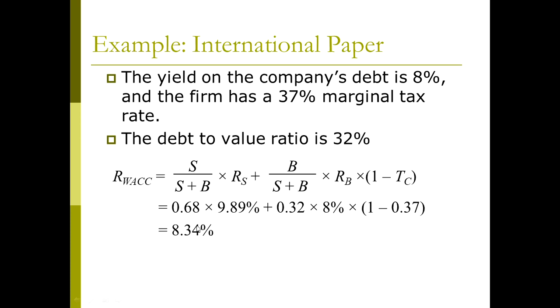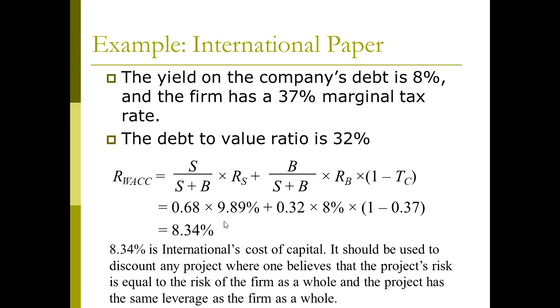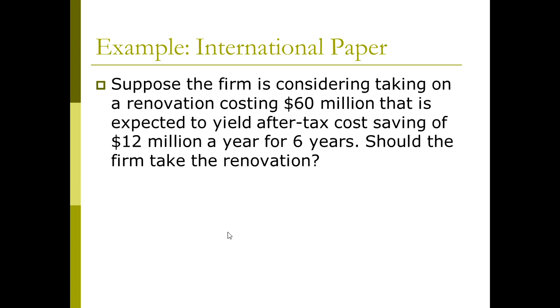We get 8.34% WACC. So 8.34% is the overall cost of capital for International Paper. When you're considering any project in this company, this WACC, 8.34%, is going to be the discount rate you are going to use.